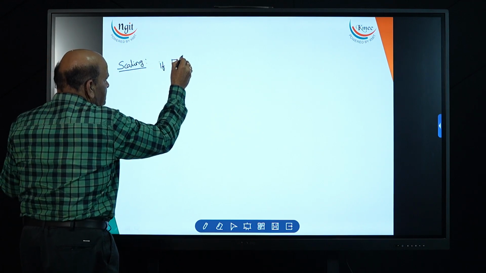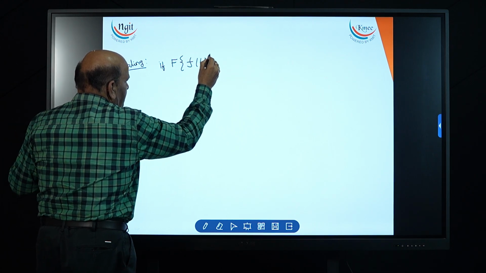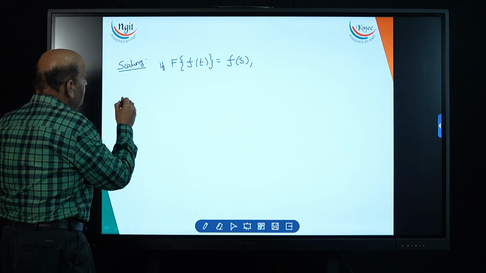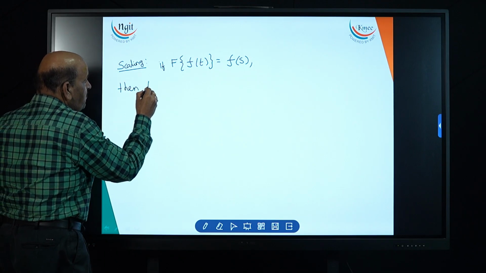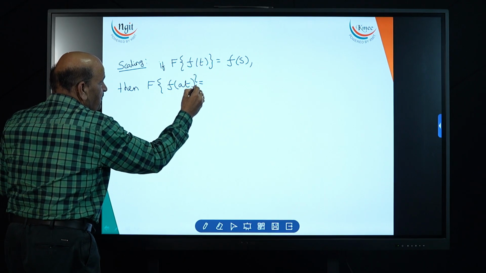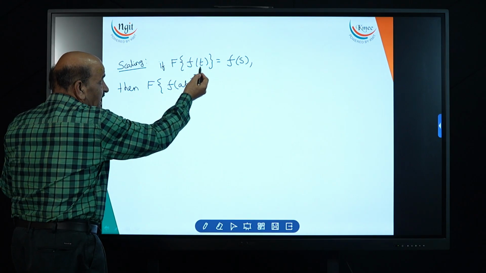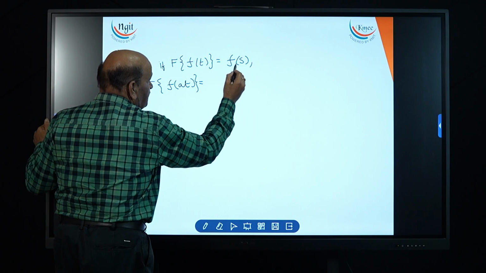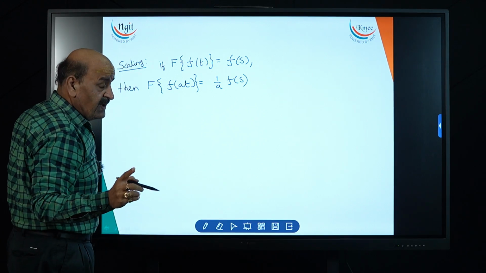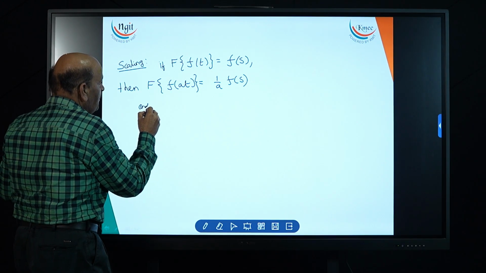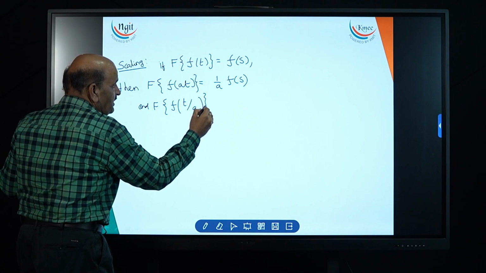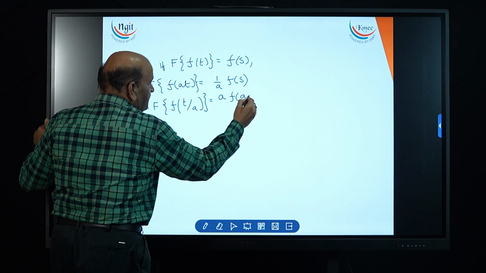If the Fourier transformation of a signal f of t is equal to F of s, then the Fourier transformation of f of at, because scaling, so a multiplier with the variable t, is equal to 1 by a F of s by a. And the Fourier transformation of f of t by a is equal to a times F of as.